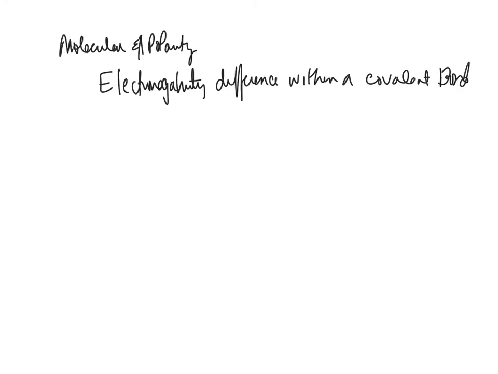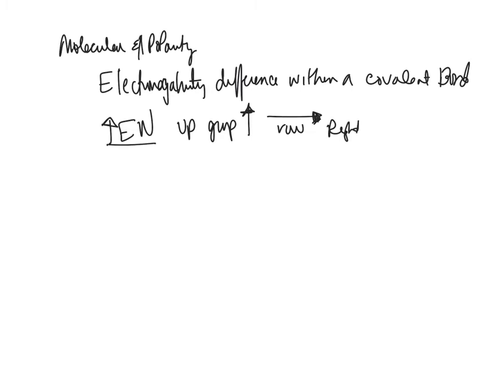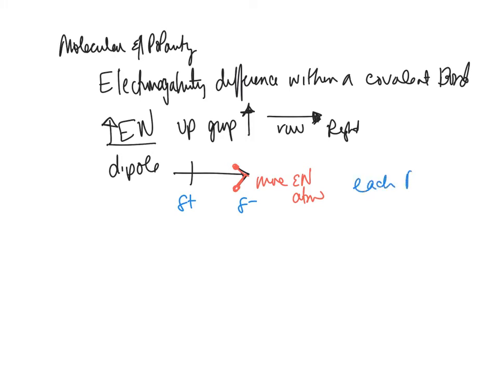Remember, a covalent bond is a line where they're sharing electrons, and electronegativity increases going up a group and going over the row to the right. So that's increasing electronegativity, and we'll draw a dipole. So we'll draw something with a positive and an arrow, and the arrow is representing the 2 electrons pushing towards the more electronegative atom. And this would be your delta positive, and that would be your delta negative. And you do this for each covalent bond around a central atom.